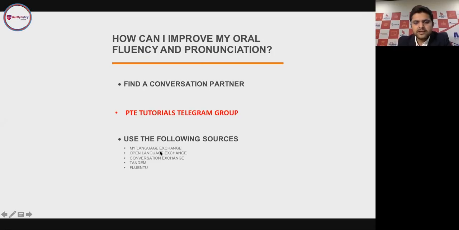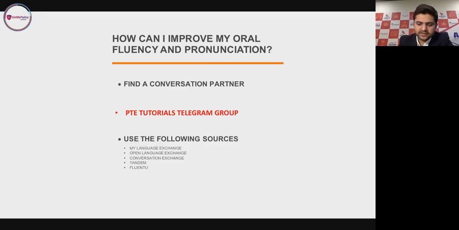So this is another way of finding partners, but I would still suggest to go for the PTE Tutorials Telegram group, because the conversation partners that you would find over here would necessarily be people just like you, aiming to get a good score in PTE.